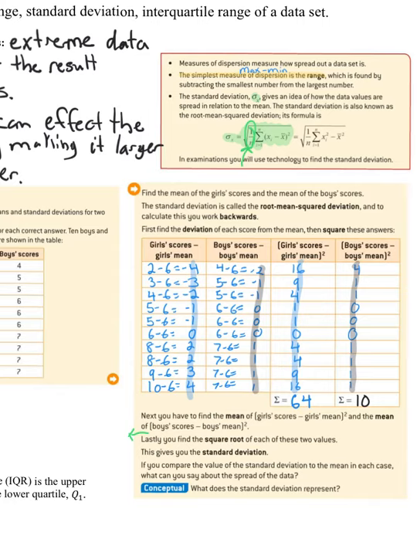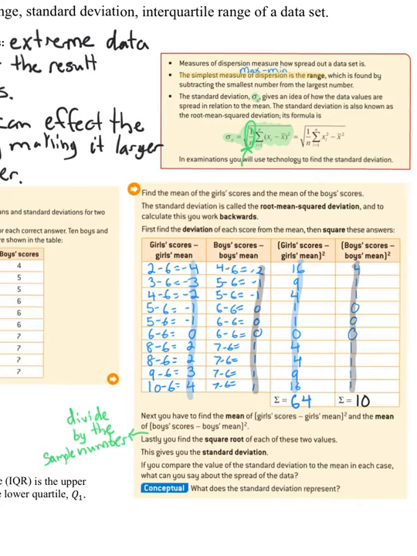I circled that, but it says 1 over n. So we need to divide by the number, in this case the sample number. There were 10 participants, so we're going to divide both of these numbers by 10.